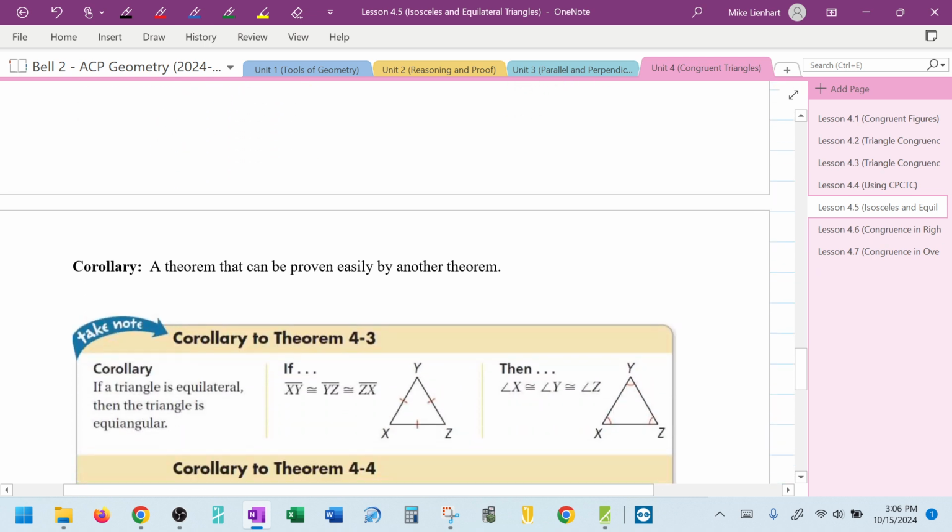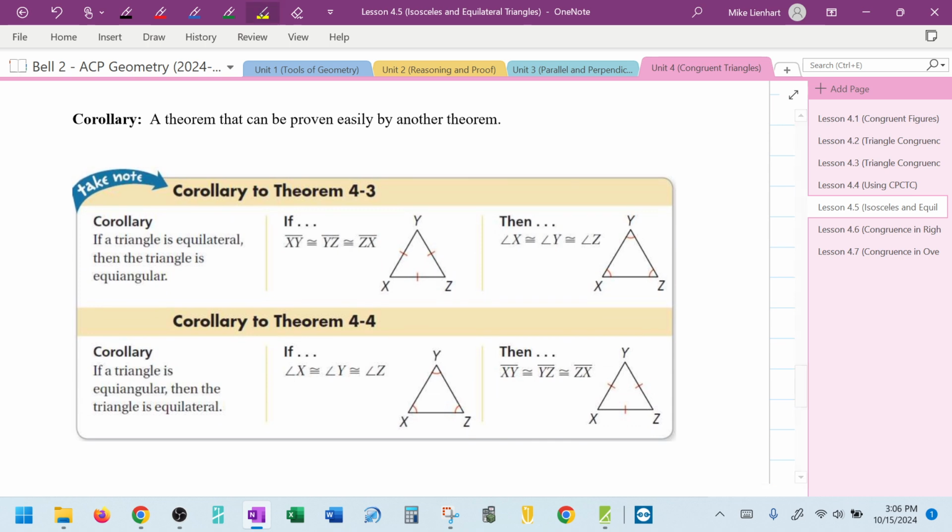Okay? Next, we have what's called a corollary. A corollary is kind of an extension of a theorem. So we learned theorem 4.3, which was the isosceles triangle theorem. And it says if the triangle is isosceles, then the base angles are congruent. What the corollary is saying is, what if the triangle is equilateral?